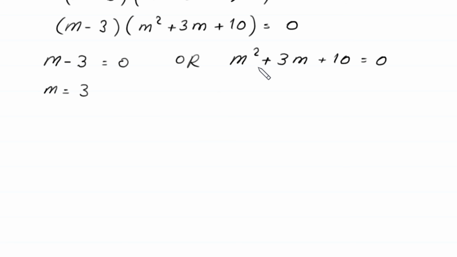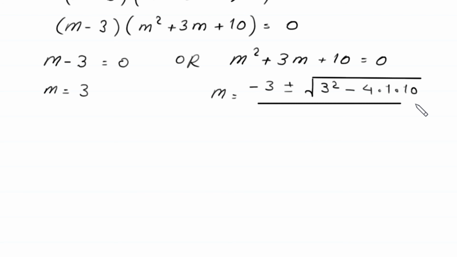From this equation, according to quadratic formula, m is equal to negative 3 plus minus square root of, in place of b we write 3 squared, minus 4 times, in place of a we write 1, times, in place of c we write 10, divided by 2 times, in place of a we write 1.